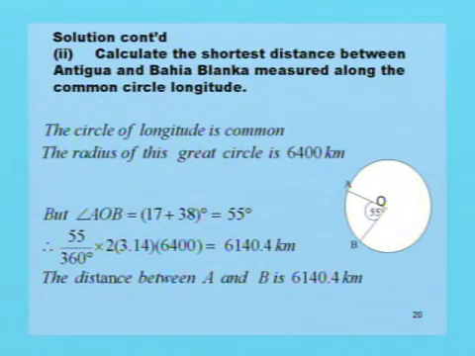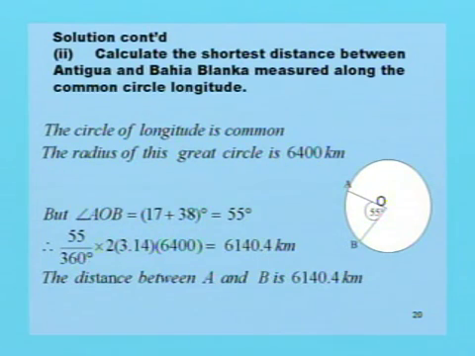Solution continued. Part 2. Calculate the shortest distance between Antigua and Bahia Blanca measured along the common circle of longitude. The circle of longitude is common. The radius of this great circle is 6,400 kilometers.